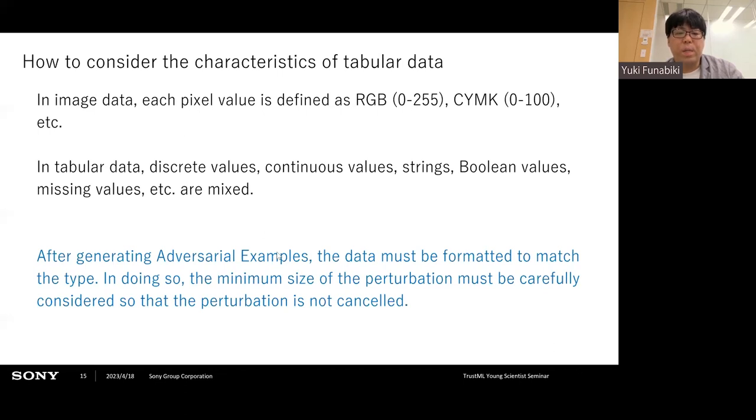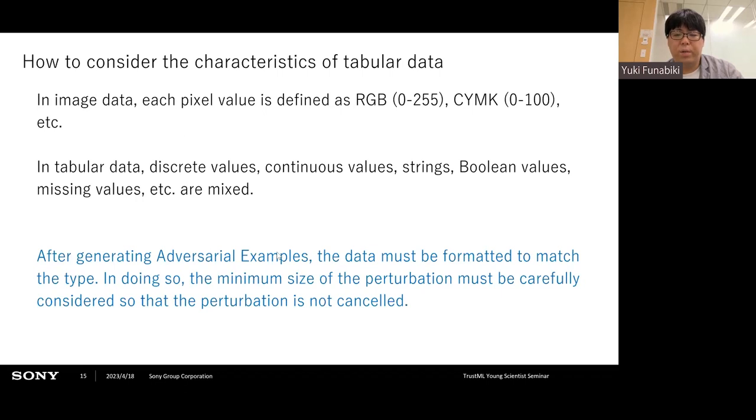In addition, the minimum size of the perturbation must be carefully considered so that the perturbation is not cancelled. For example, if the data is 1, 2, 3, 4, 5, and the perturbation is 0.5, 0.1, or 0.2, the adversarial example produces a number such as 1.1.